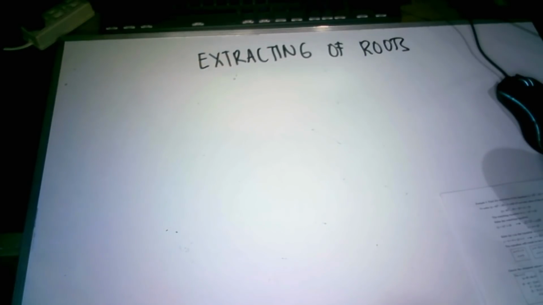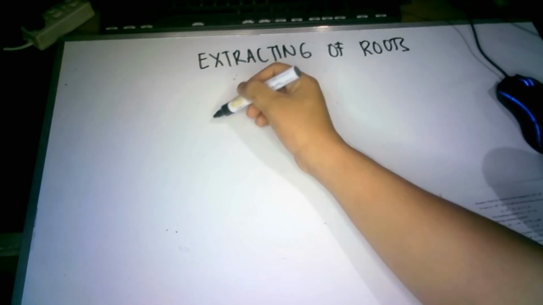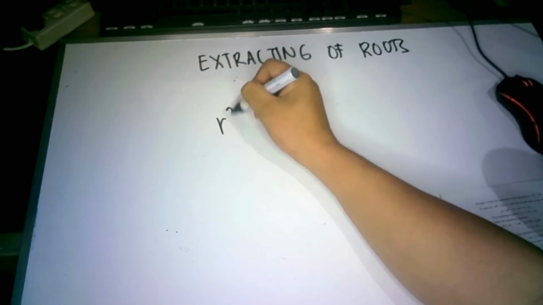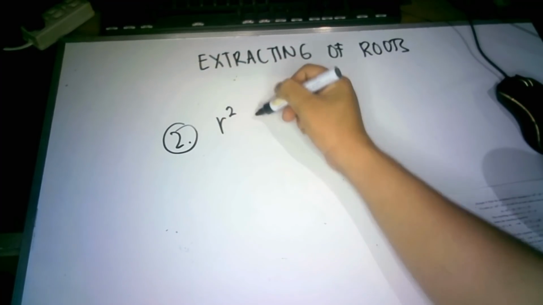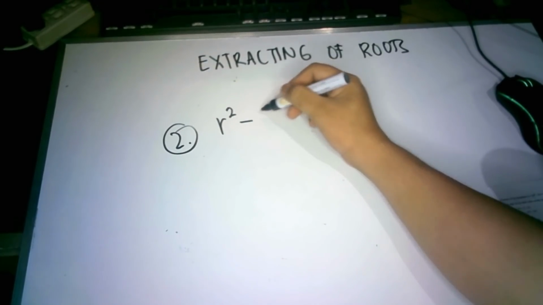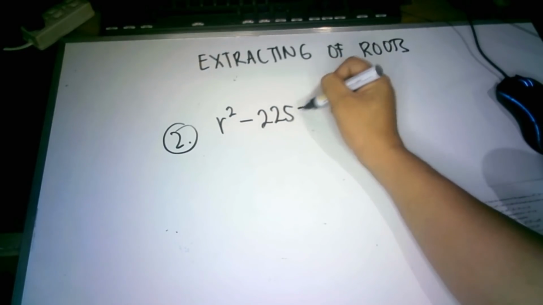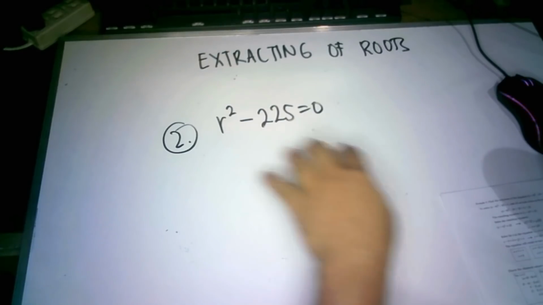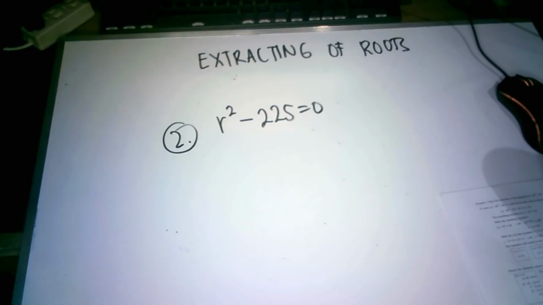Another example. Let's have this one. R squared, number 2 tayo, minus 225 equals 0. So, makikita mo dito, class, na hindi pa nakaseparate yung variable tsaka yung constant.